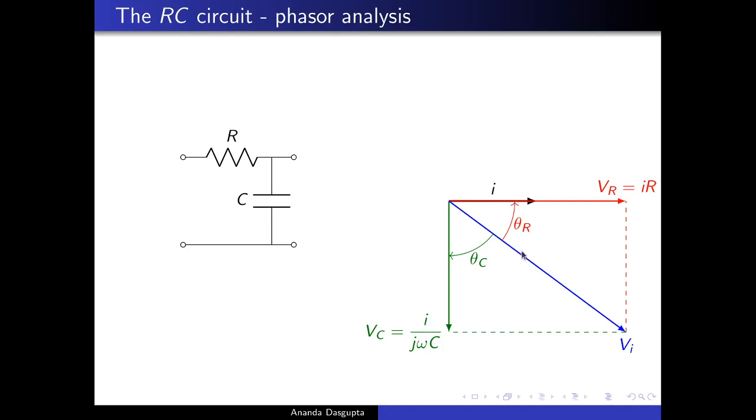Theta R, indicated in red here, is the angle by which the voltage across the resistance leads the input voltage. So in this case, of course, the voltage across the resistance and the voltage across the capacitance together make up the input voltage, and the capacitor voltage, as we already indicated, lags behind the input voltage, and the resistor voltage makes up for that by leading the input voltage.